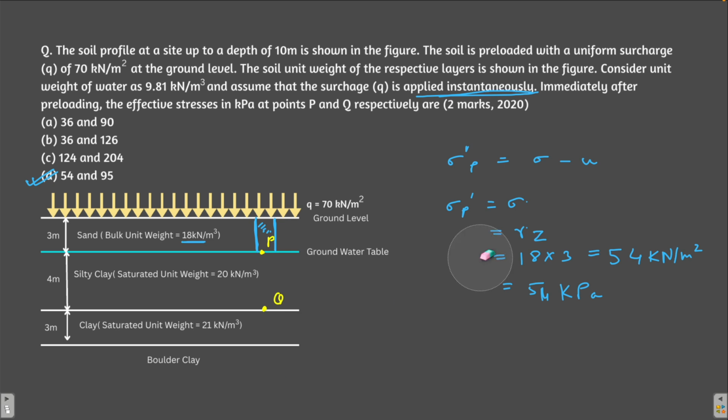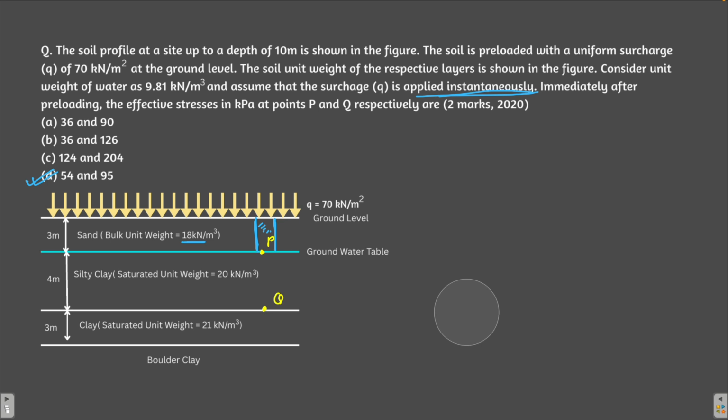So let me just rub it and do it for point Q. So effective stress at point Q will be total stress at point Q minus pore water pressure. Okay, so let's examine this point Q. For this point Q, the stress will be due to this column, and it contains two soils, right?